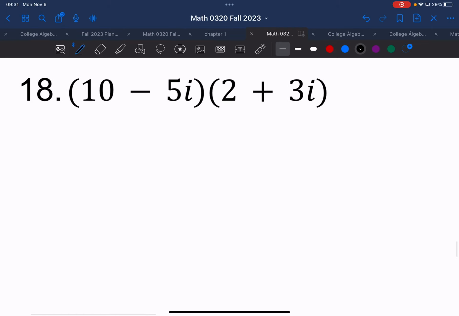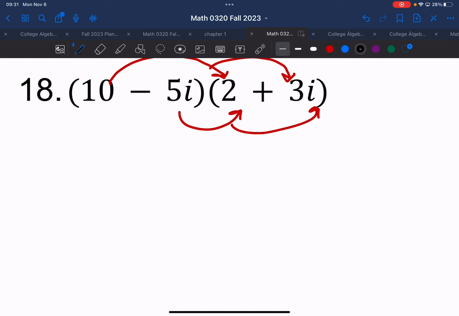Now we're looking at multiplying. So if we pretend those i's are variables, we would use what method to simplify this? The FOIL method. So we're going to do the same thing. Okay.